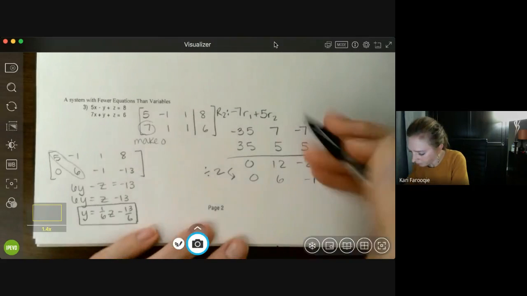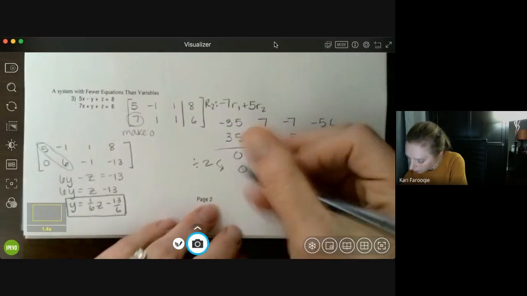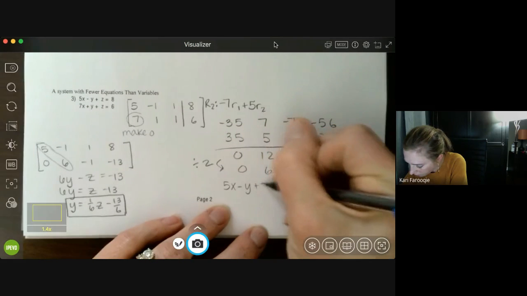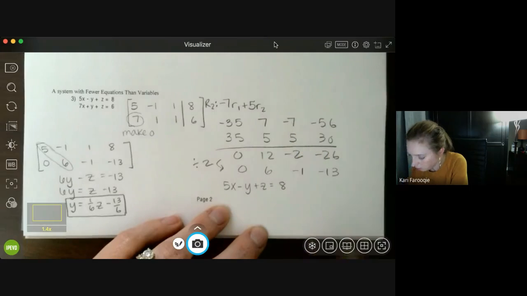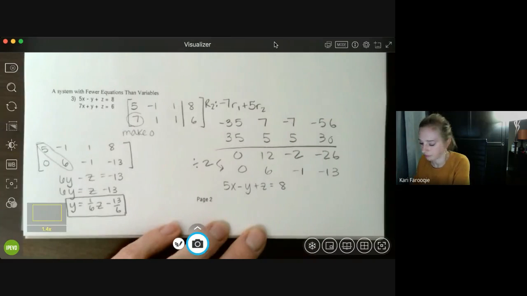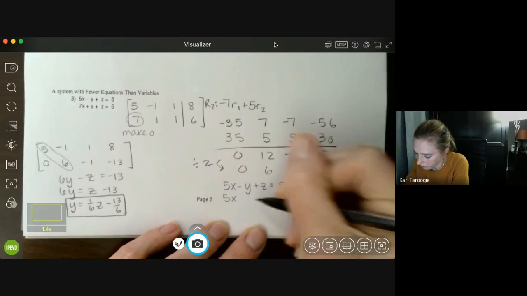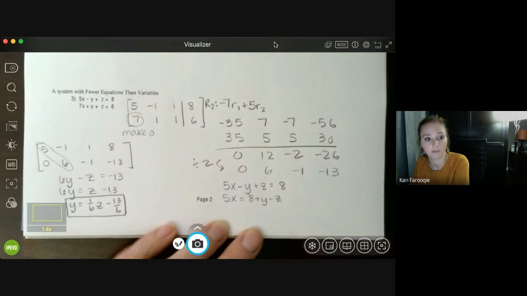Okay, let's see. Now I have 5x minus y plus z equals 8. 5x, and I'm just going to move everything over to the other side, equals 8 plus y minus z. Gosh, we're totally running out of room here.